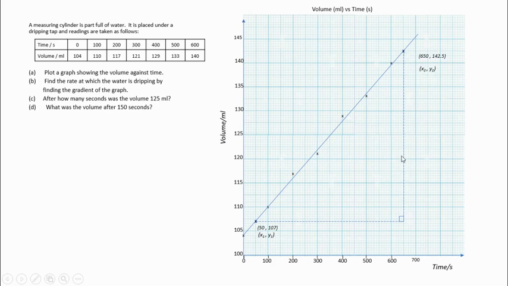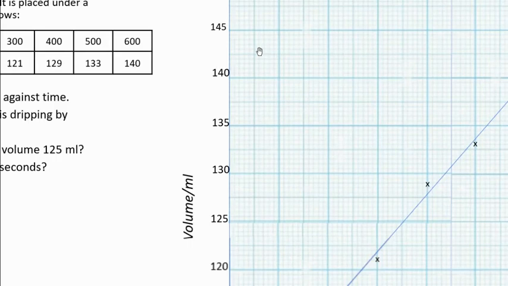The X coordinate for this point, come down here, read it off, 650. The Y coordinate, we come across here and we read it off, 142.5. It's halfway between 140 and 145. 140, 141, 142, 142 and a half.